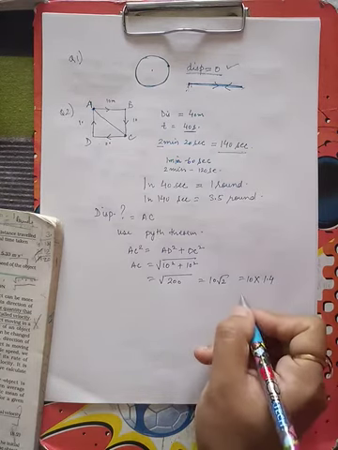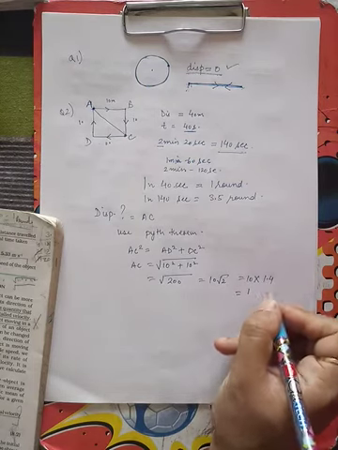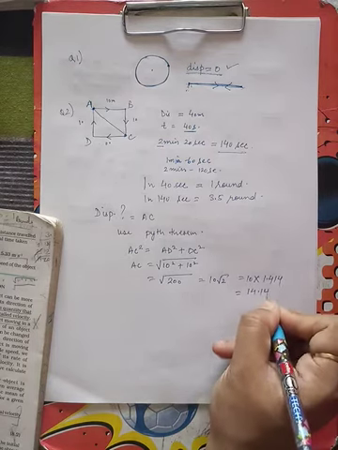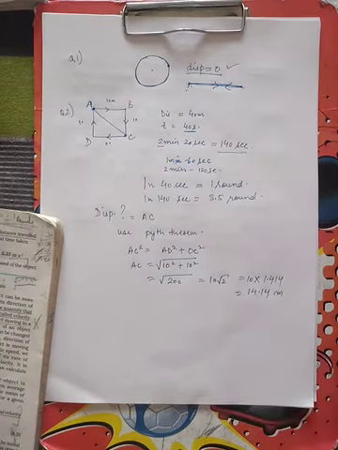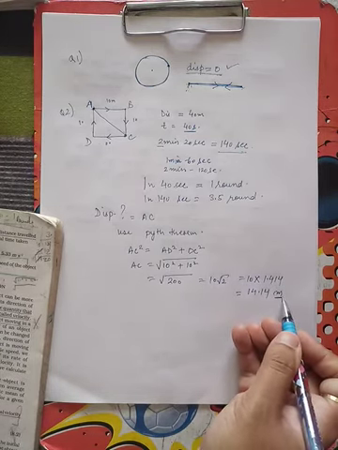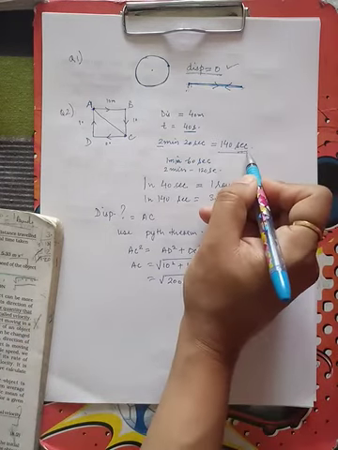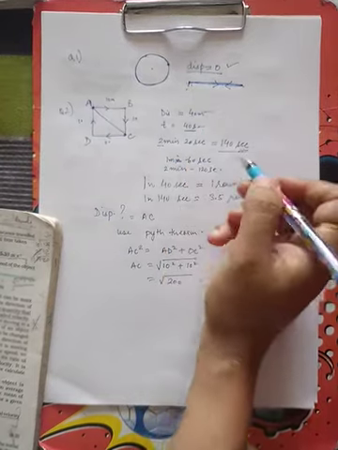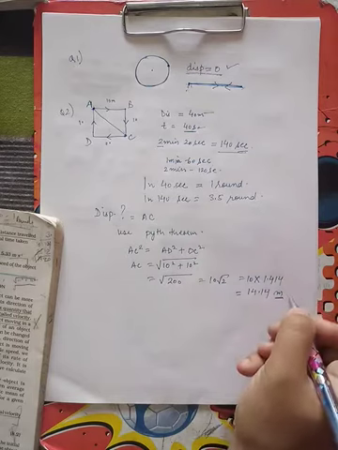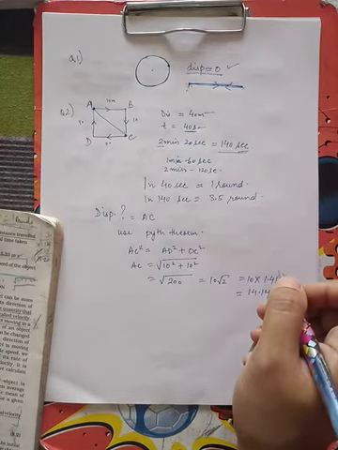We can consider only one decimal, so that will be 14.14 meters, right? The unit is very important to write whenever we are doing any numerical. Here you have seen that everywhere I have written units along with all these things, right? So it is very, very important to write the unit along with the answer.